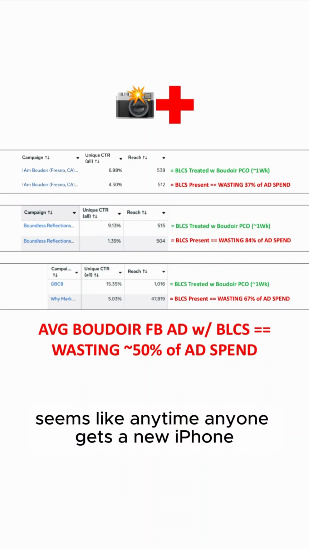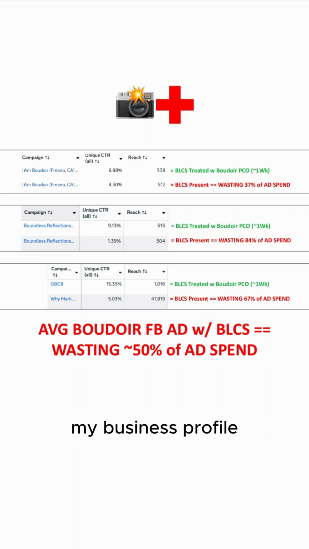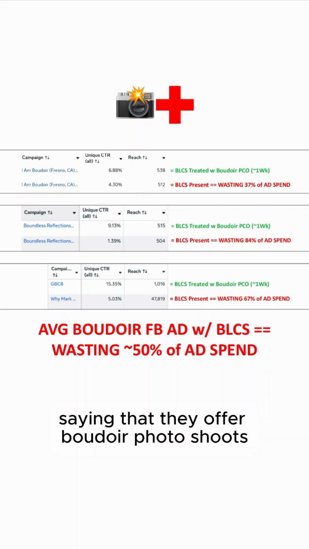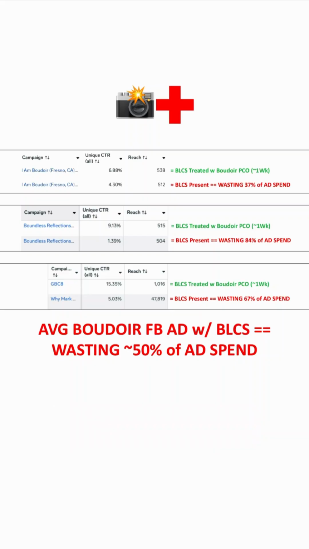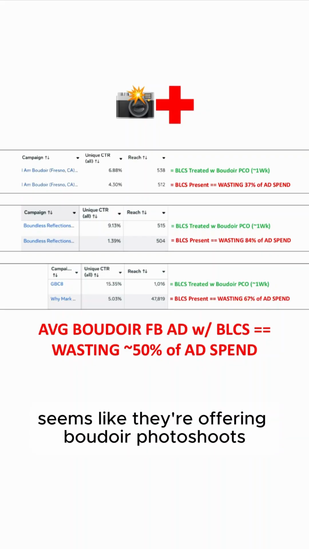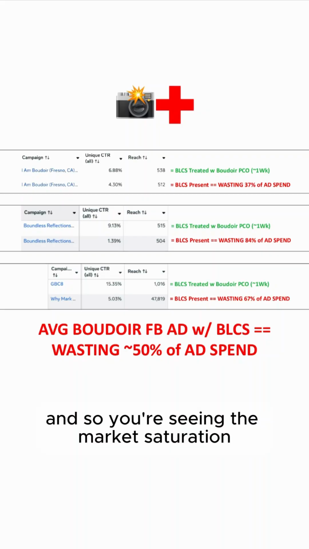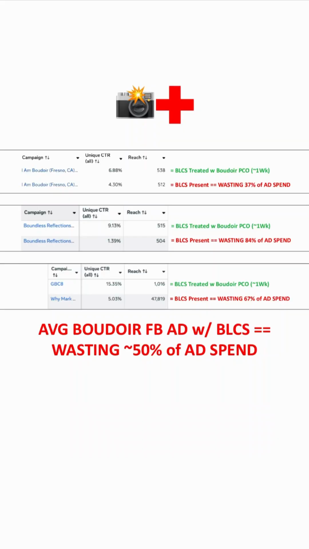Seems like anytime anyone gets a new iPhone, they're throwing up a Google My Business profile saying that they offer boudoir photo shoots. And anytime someone gets a new camera, seems like they're offering boudoir photo shoots in the moms groups. And so you're seeing the market saturation, competition heat up, more sellers for the same number of buyers.